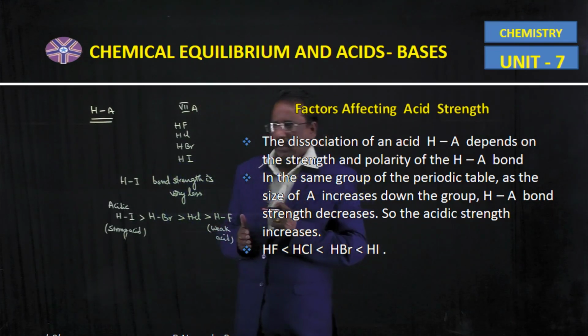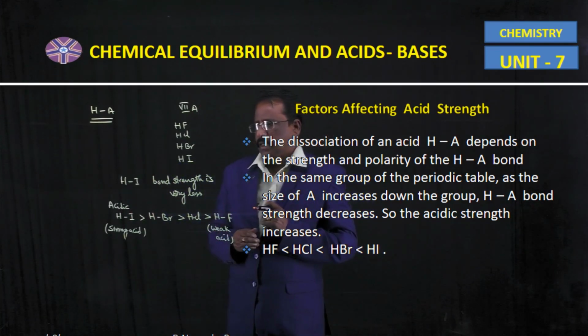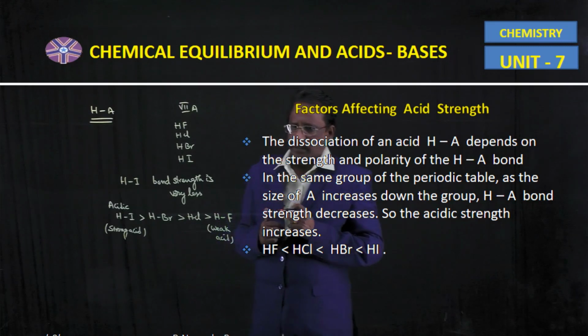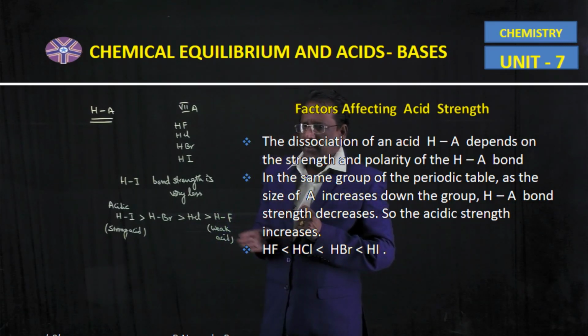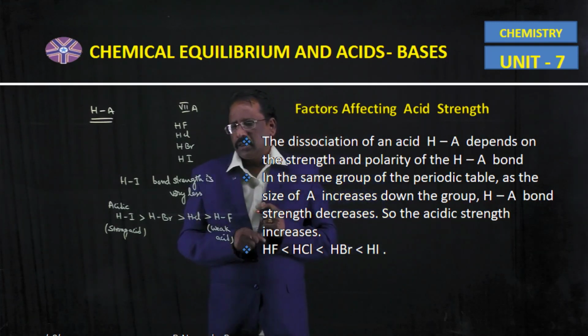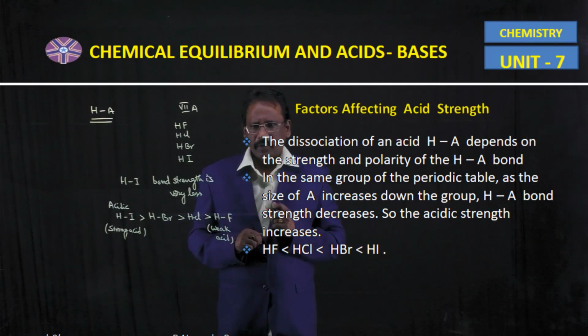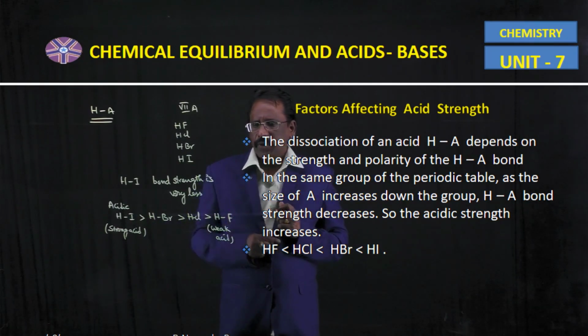That's why the acidic strength of HI is more when compared to the acidic strength of hydrogen fluoride. So here the dissociation of the acid depends upon the strength of the bond. This bond strength is more when compared to this bond strength, because the fluorine atomic size is very less.